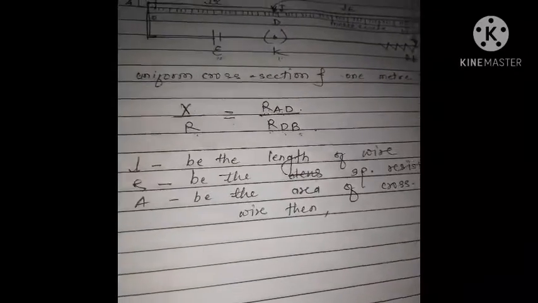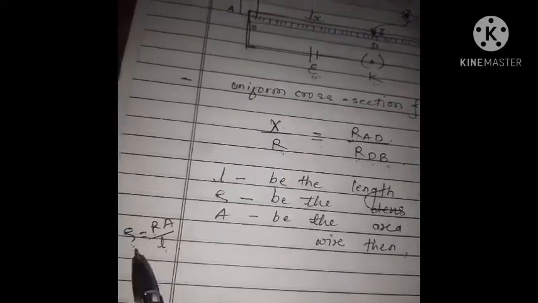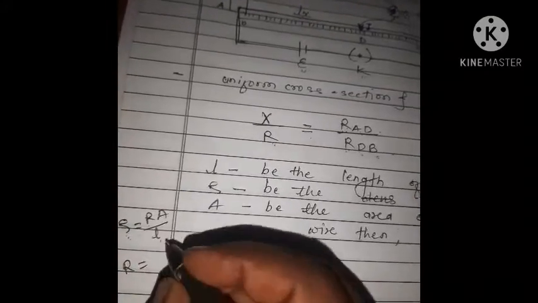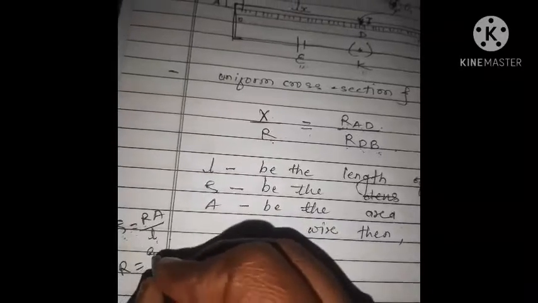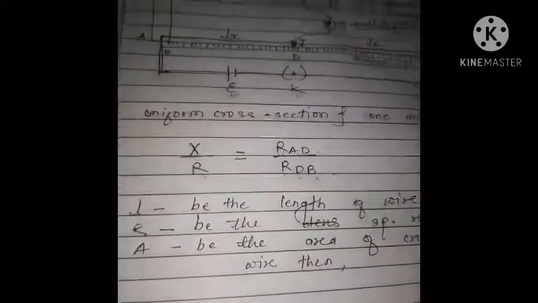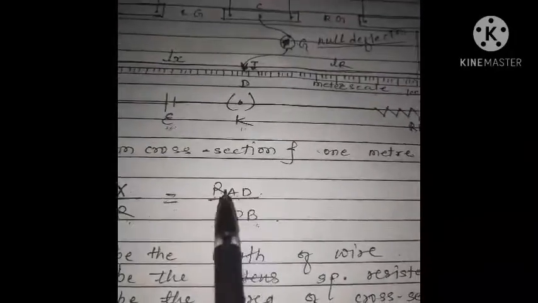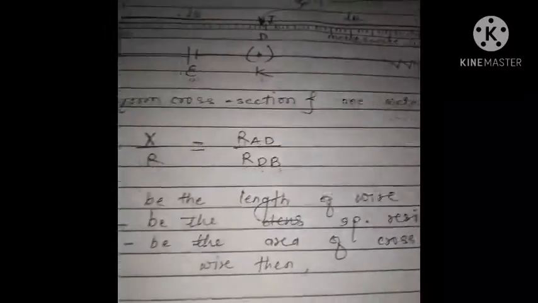Then by using the formula for specific resistance, rho is equal to RA by L. So we can write R is equal to rho into L divided by A. Similarly, we write formulae for RAD and RDB.